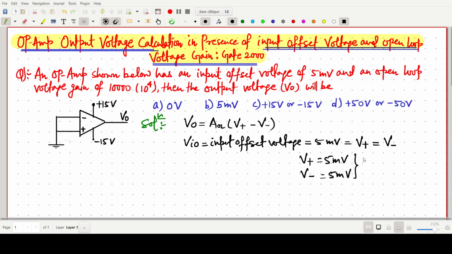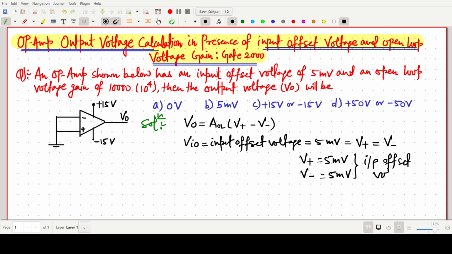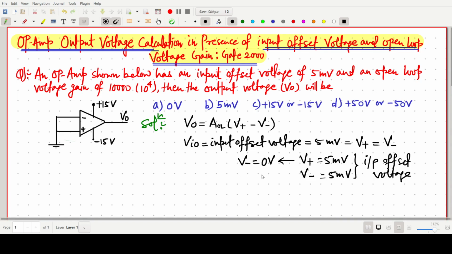This is some input offset voltage which is given. When V plus is 5 millivolt, at that time V minus will be 0 volt. And similarly when V minus is 5 millivolt, V plus equals 0 volt.